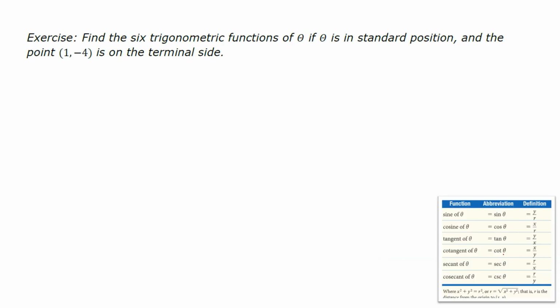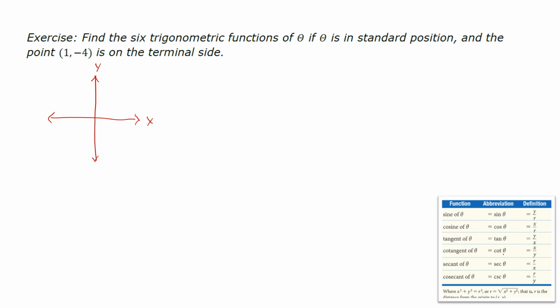So let's look at an example exercise problem. Find the 6 trigonometric functions of theta if theta is in standard position and the point (1, -4) is on the terminal side. So let's draw our coordinate plane to start off with. We have the y-axis and the x-axis.